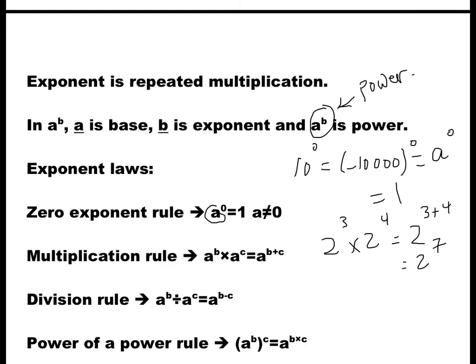The next rule is the division one. If you are dividing 2 powers with the same base, you subtract the exponents.